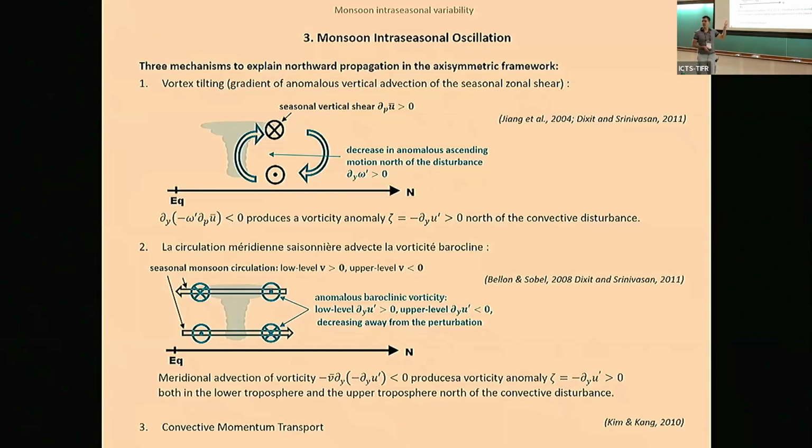That hasn't been documented. So the main idea that's out there is that it does help the development of the perturbation and kind of slows it down in its propagation. But there isn't a lot of investigation of that idea.